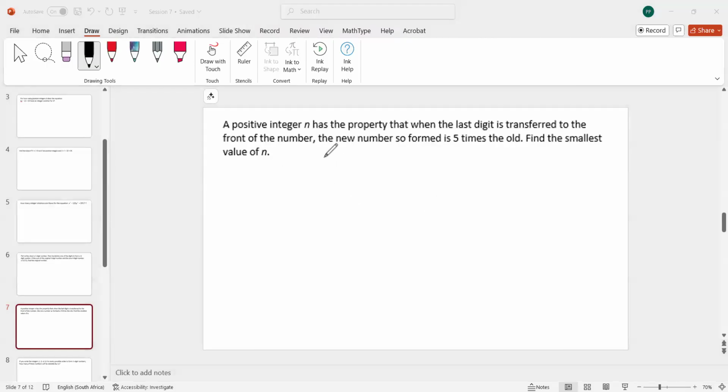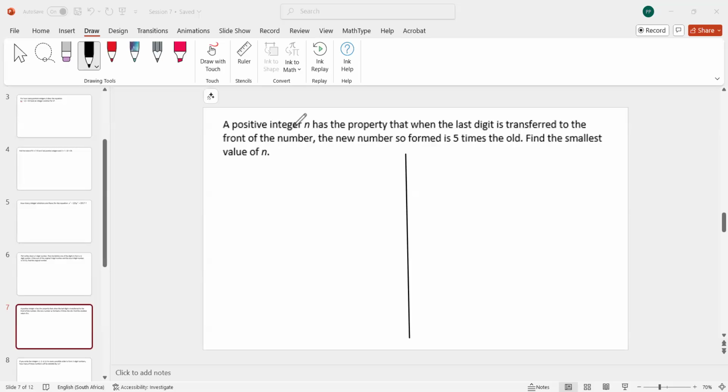I want you to listen very carefully to this because your assignment problem is something like this. So just watch the solution to this problem. Again, it's very similar to what we did before. A positive integer n has a property that when the last digit is transferred to the front of the number, then the new number is 5 times the old.